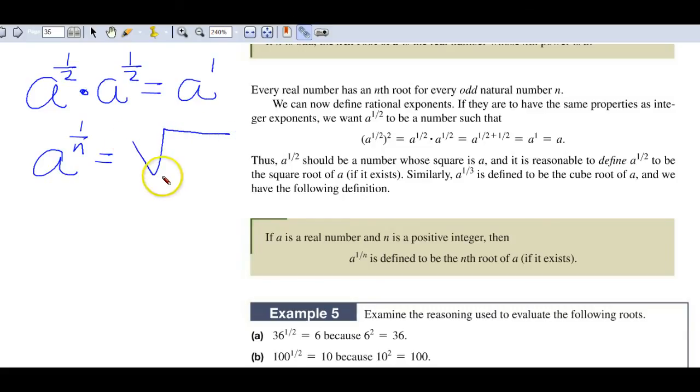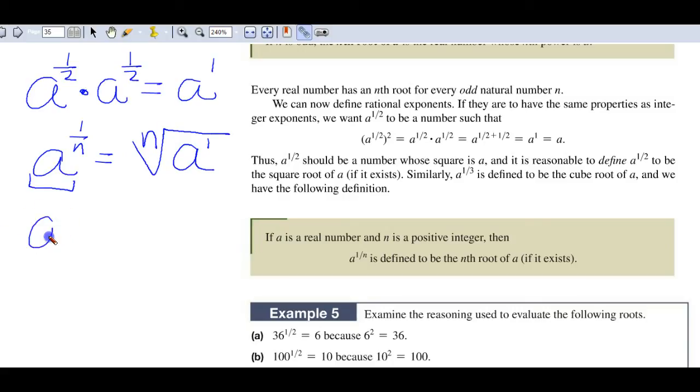Now the a, which was the base, now becomes the radicand. The denominator of our fractional exponent, this n, becomes our index number, and the numerator, which is the exponent, just goes right there.